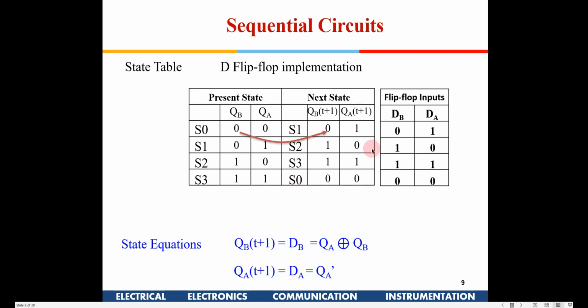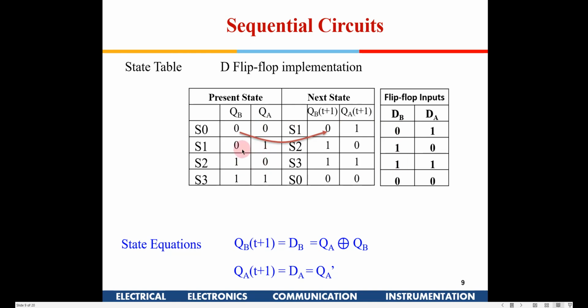Okay, so you might say, sir, if I don't get any visual clue, then it is simple: it is two variables. You make a K-map and you write DB in terms of QA and QB. If you write a Boolean expression corresponding to this, it is 1 and 1.